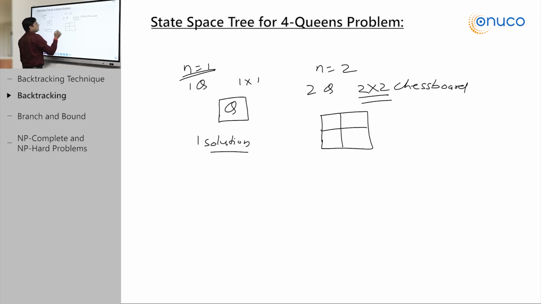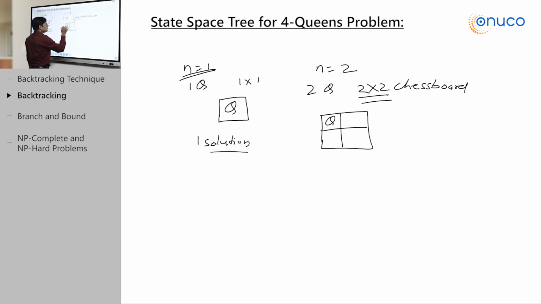Now look, we have to place 2 queens. Based on the rules, a queen can move in horizontal, vertical and diagonal directions, and 1 queen will capture other queens if we keep them in the same row, same column or same diagonal. So let us see that.